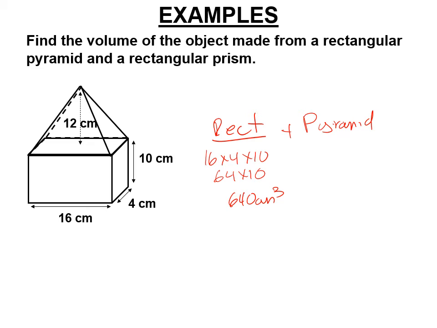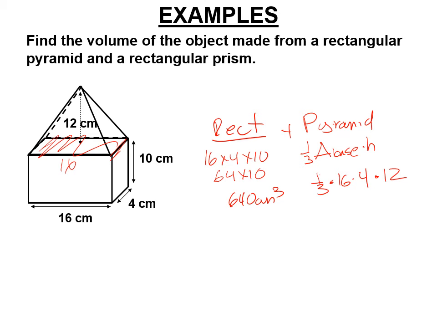The top, we have to find the area of the base. And don't forget the 1/3. Just like when we're doing triangles, forgetting the 1/2 is the most common mistake. Forgetting the 1/3 is the most common mistake here. 1/3 the area of the base times the height. Now this is 16 times 4 times the height, which is 12.